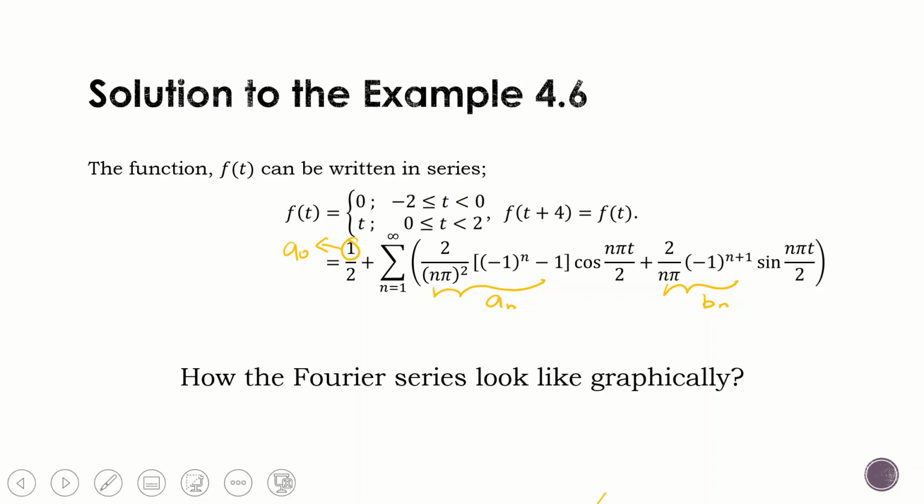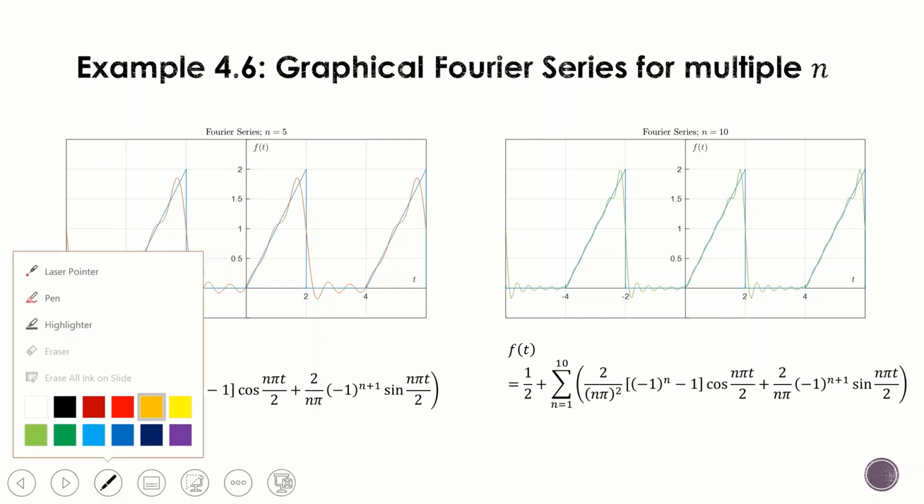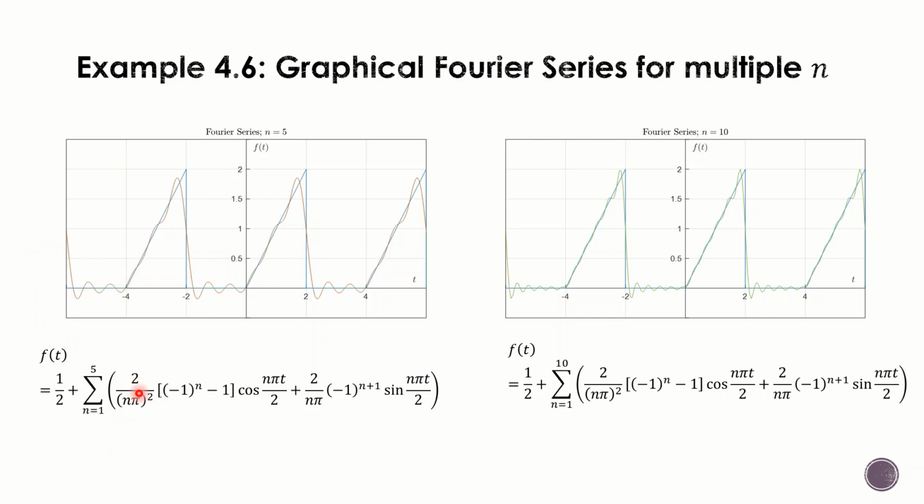So how can this Fourier series make it a very beautiful continuous function? We have the answer in the previous slide, the summation from n equals 1 to infinity. So let's sketch the function from n equals 1 to n equals 5 of the Fourier series.